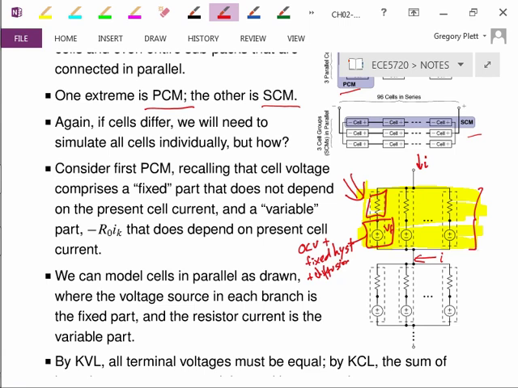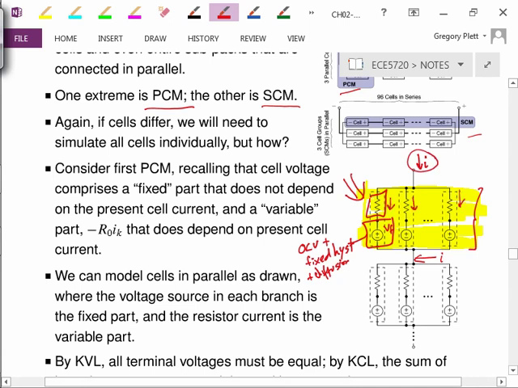We can use standard circuit analysis tools to analyze that circuit to figure out what is the current split. Basically, this is a current divider with a slight modification because of the voltage sources in each branch, but it's essentially a current divider that divides the pack current up into individual branch currents depending on the branch resistances and the branch voltages.